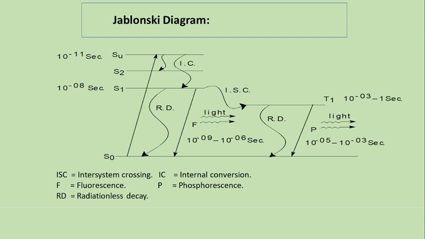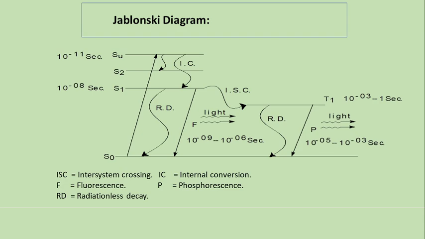Similarly, molecules undergo IC, that is internal conversion, from the Sn level to S2, S2 to S1, and from S1 to S0. This happens between the same energy levels, that is Sn, S2, S1. From this excited state, the molecules come to their S0 level.